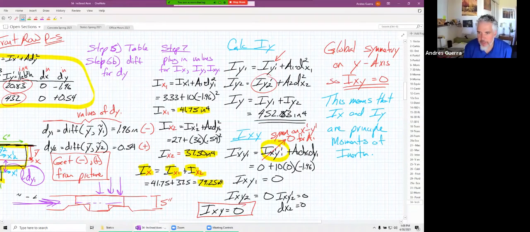Principal moments of inertia means max and min. Now, Ixy being equal to 0 doesn't tell us which one is maximum. Iy is bigger, right? We can just look at these. So Iy is equal to I max and Ix is equal to I min.